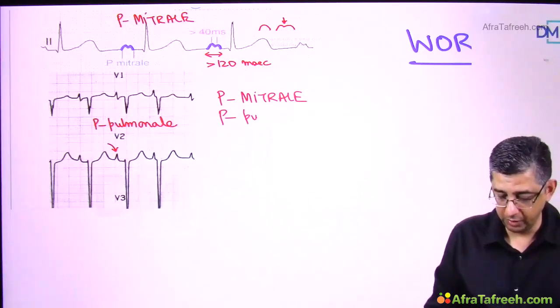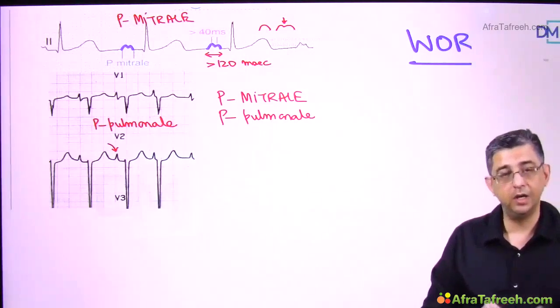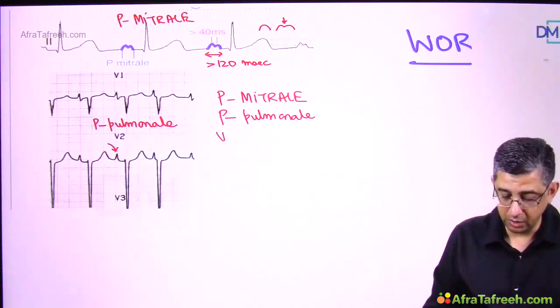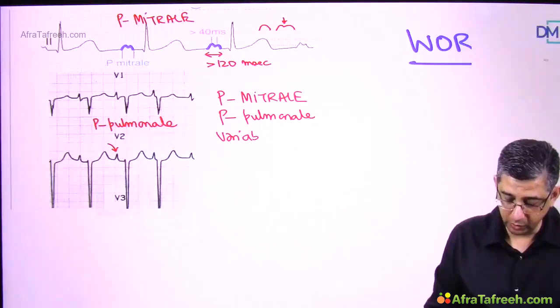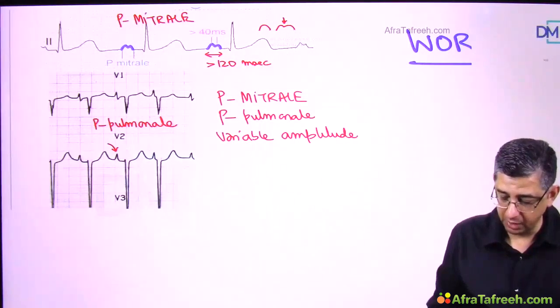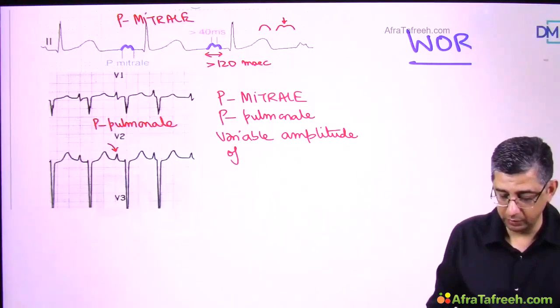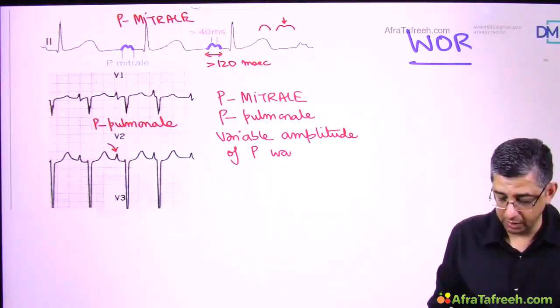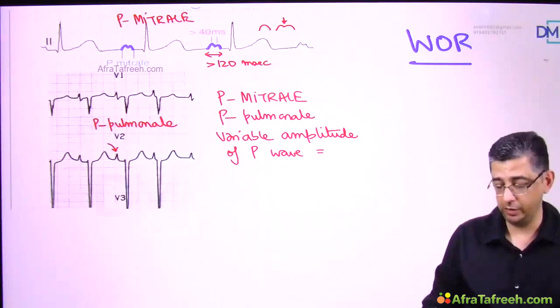P pulmonale where the vertical height of the P wave is more than 2.5 millimeter in the limb leads of the patient. And in case you get a question of variable amplitude of P wave, there is a tachycardia, like say a COPD patient, there is a variable amplitude of the P wave present, that indicates an arrhythmia by the name of multifocal atrial tachycardia.